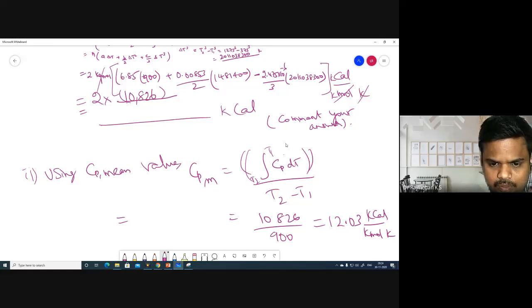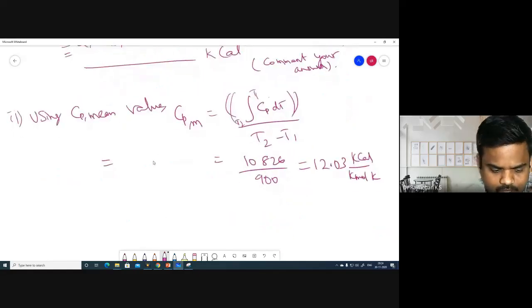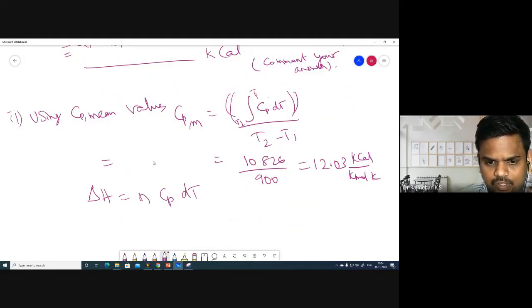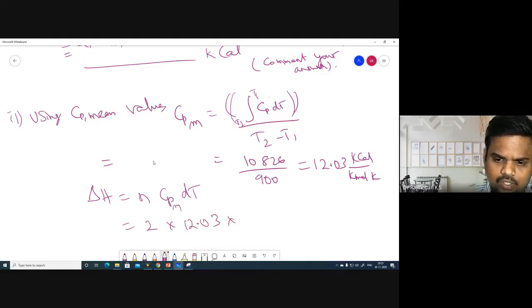Now substituting in delta H equal to N Cp delta T. N is 2 kilomoles into Cp mean is 12.03 into delta T value 900, that is T2 minus T1.